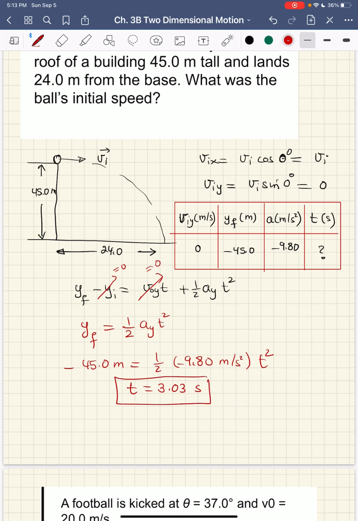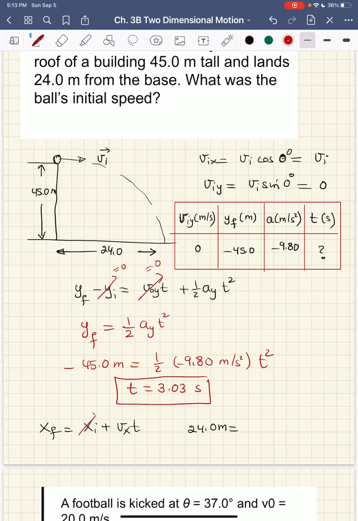Of course, here I can also use the x equation, which is x final equals xi plus vx times t. X final is given as 24 meters.